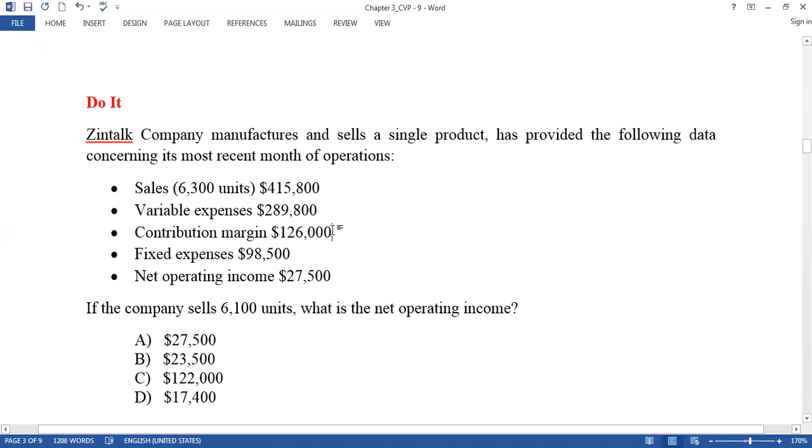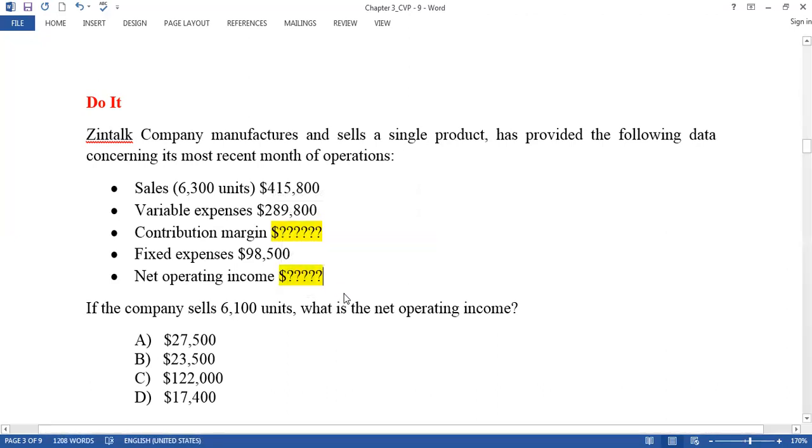For example, this number is not given. Contribution margin is not given here. This is also not a very important part anyway.